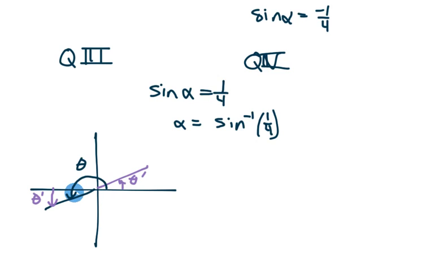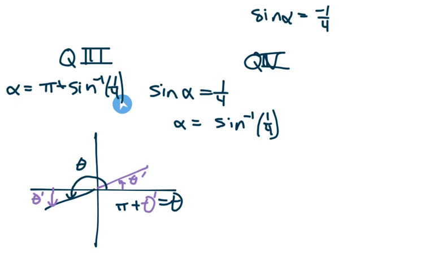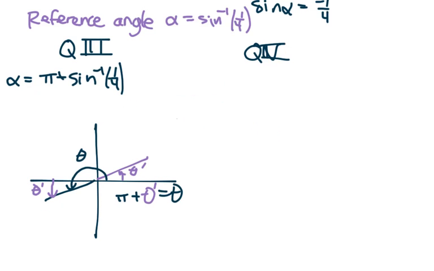So this is pi, and then this is the reference angle, and together pi and the reference angle theta prime make up theta. So pi plus theta prime equals theta. Now this has already got theta solved for, so if I want to know the solution in the third quadrant, I just take theta prime and add pi. And there we go.